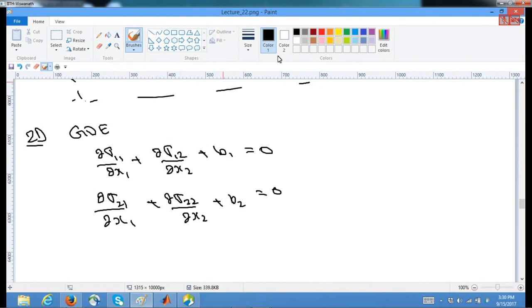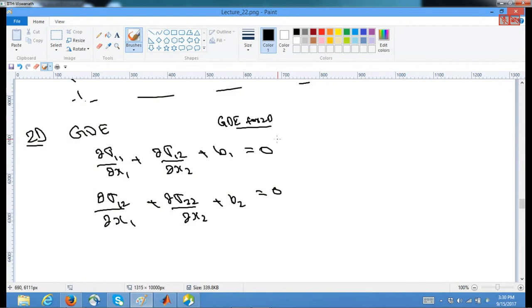Since the stress is symmetric, I can rewrite this one in terms of itself. So this is our governing differential equation for 2D.